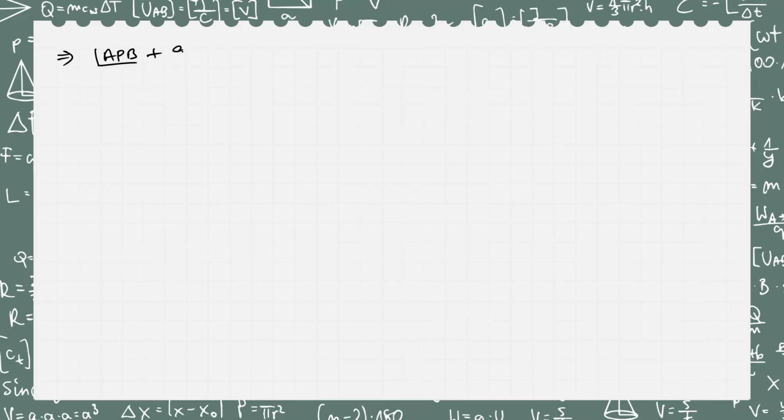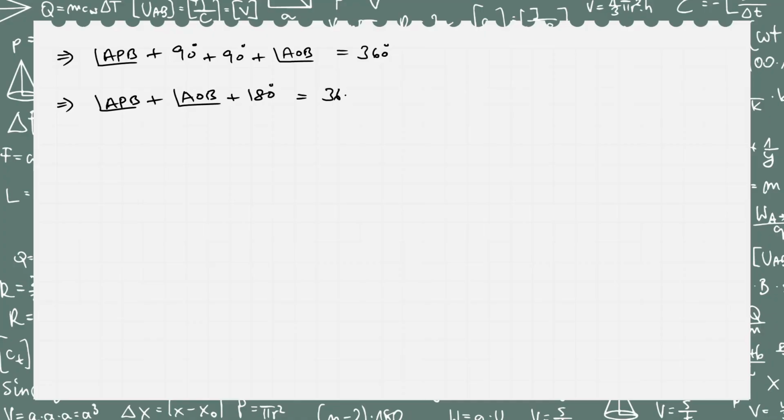Angle OAP we already know is 90 degrees, and angle OBP is also 90 degrees. Angle AOB we don't know now, but their total is 360 degrees. So angle APB plus angle AOB, and 90 plus 90 is 180, equals 360. Now let us take this 180 to the other side. We have angle APB plus angle AOB equals 360 minus 180, that is again 180 degrees.